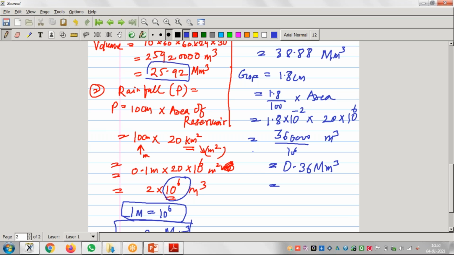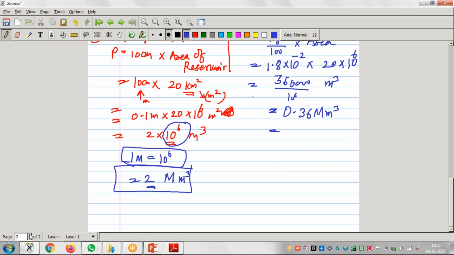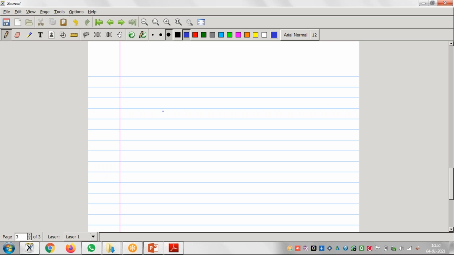Now we know that inflow minus outflow is what? That is our change in storage. First I will write my equation, that is surface inflow plus ground water inflow plus rainfall minus outflow.